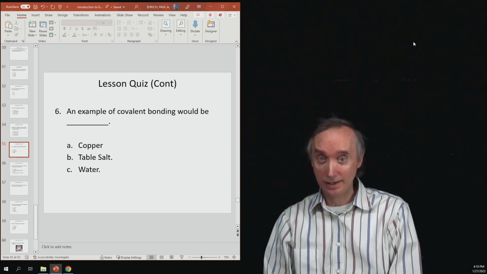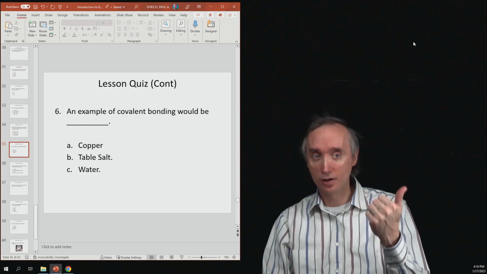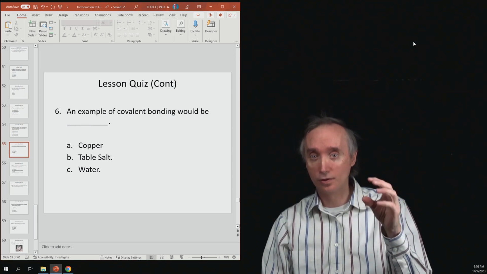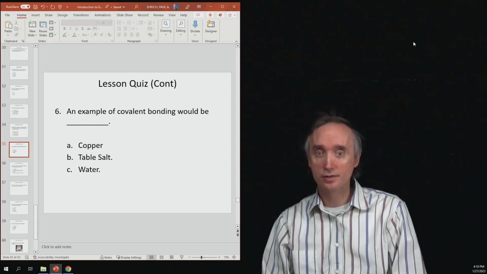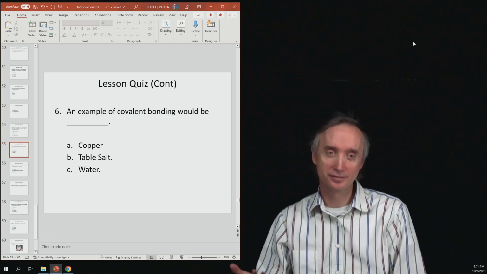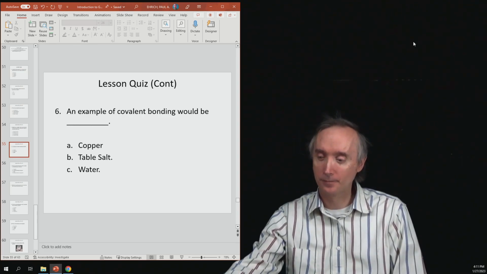Number 6, an example of covalent bonding. So remember there was covalent, ionic, and metallic. So which one is the example of that? Okay, that would be water. What would B have been? Table salt. That's ionic, and then copper's a metal, so it's metallic bonding.